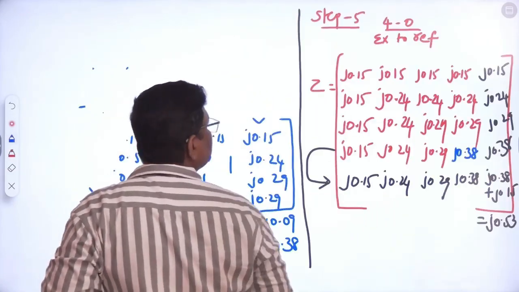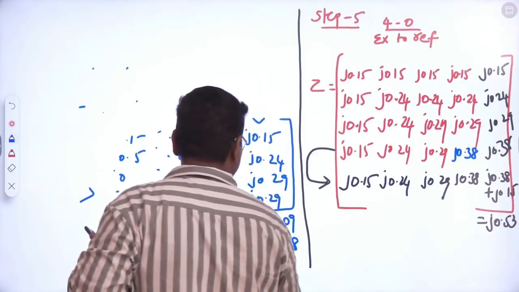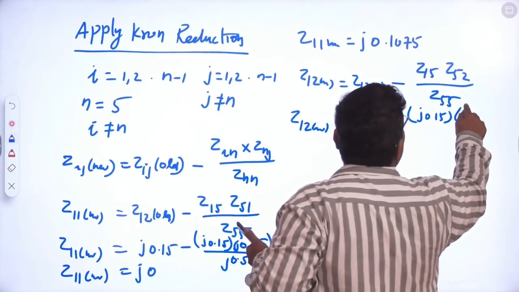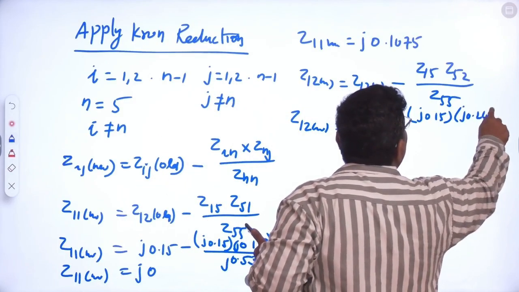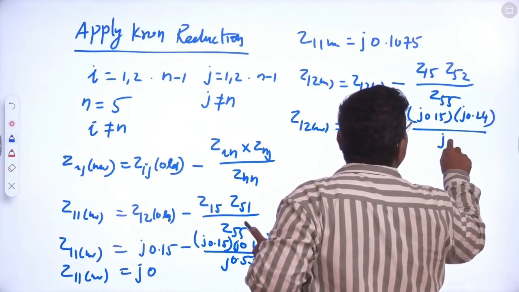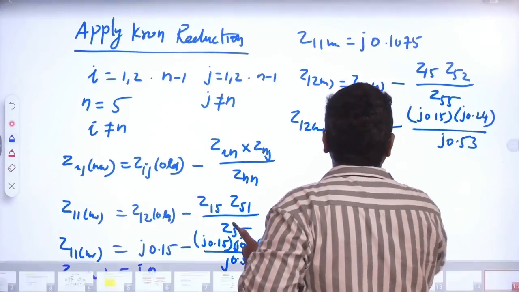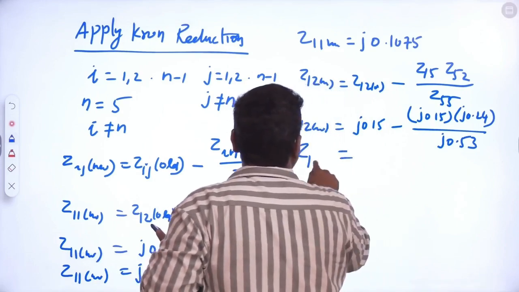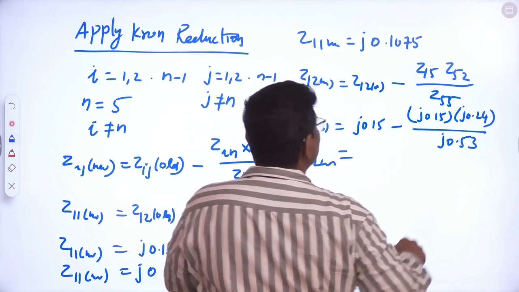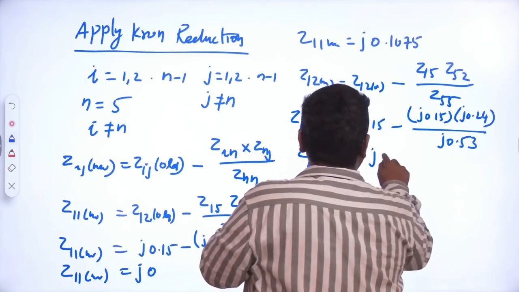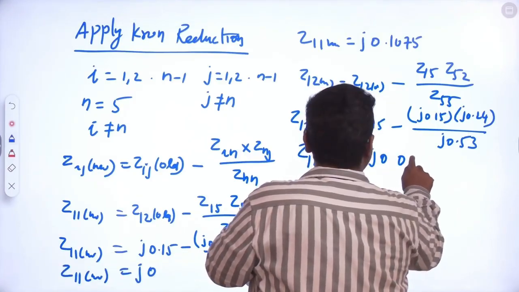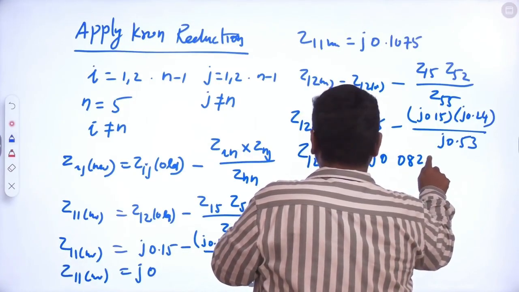The Z52 value is 0.24, divided by 0.53. So Z12 new is j0.08207.